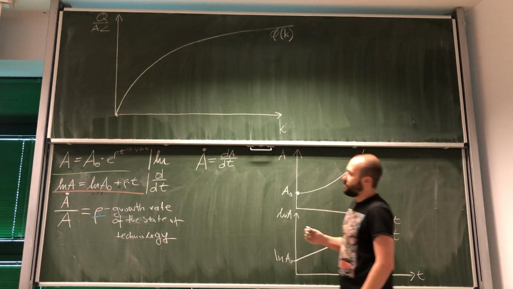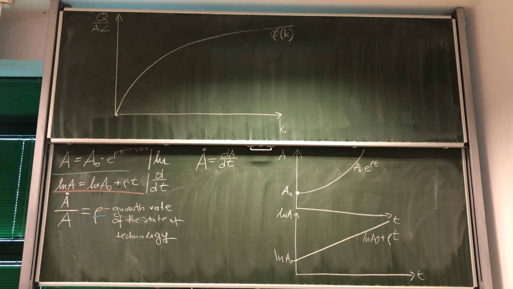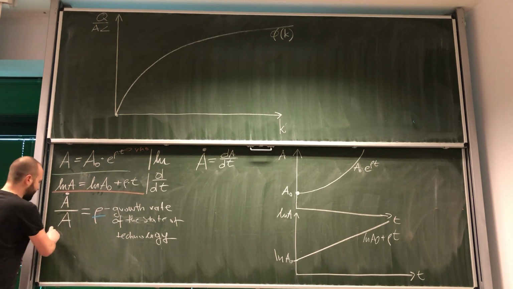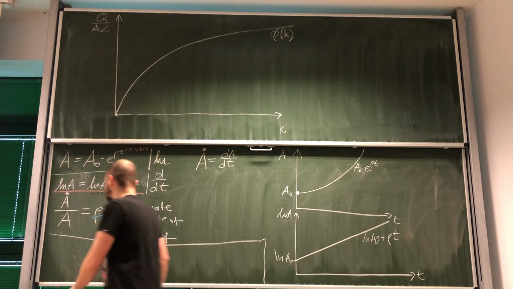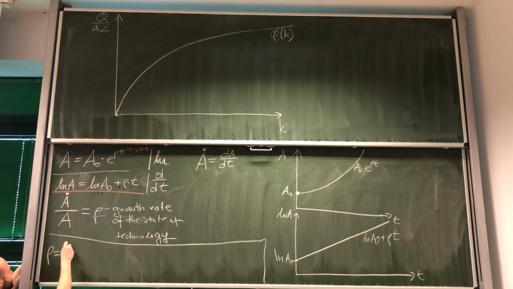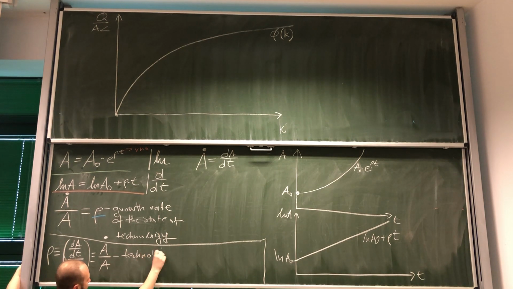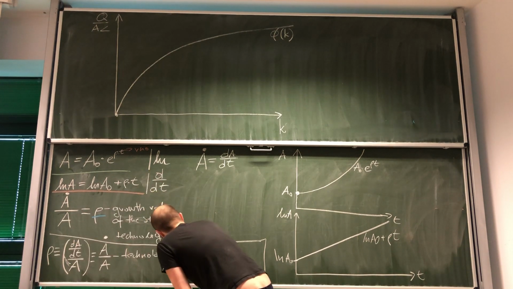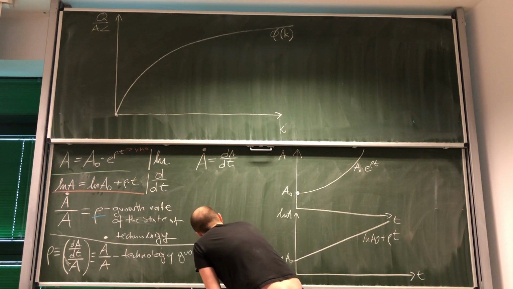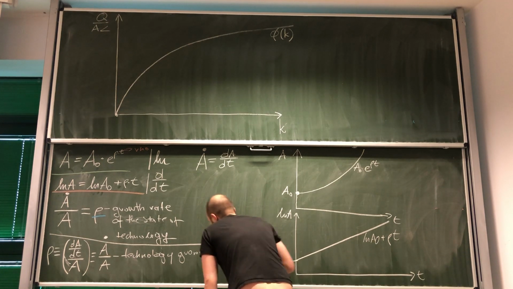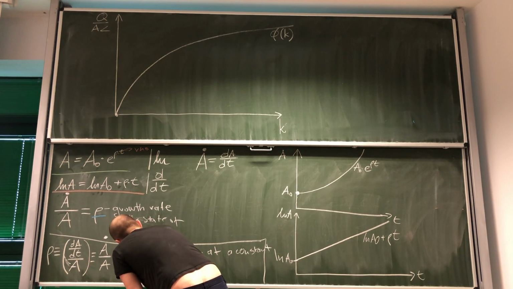So basically all that we said thus far is that another assumption we are taking here is that rho is equal, by definition, to dA/dt divided by A, which is A dot over A, which means that technology grows at a constant rate rho.